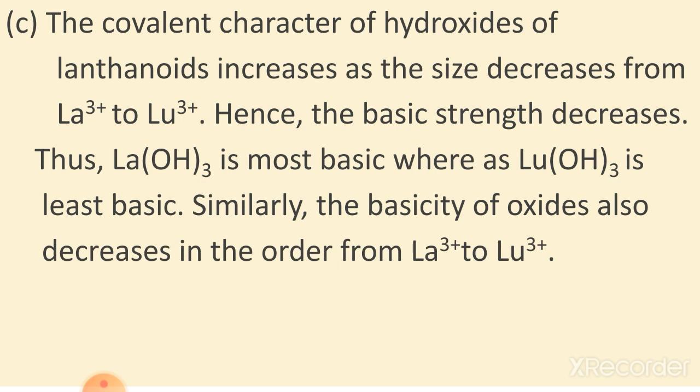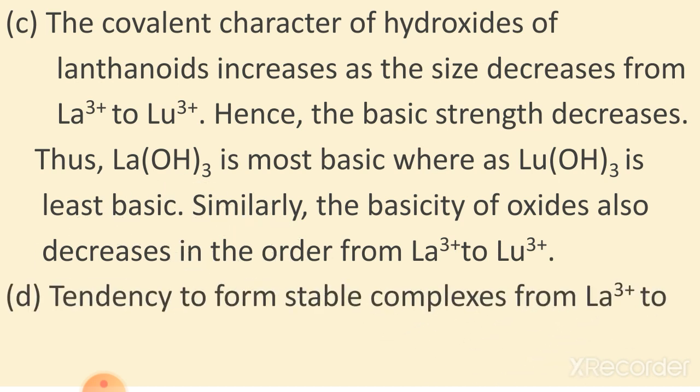This can also be understood by Fajan's rule: the smaller the size of the cation, the greater the power of polarization, the more the covalent character, and hence the more the acidic character. So Lu(OH)3 should be more acidic than La(OH)3. Similarly, the basicity of oxides also decreases in the order from La3+ to Lu3+. This can also be explained on the basis of Fajan's rule.